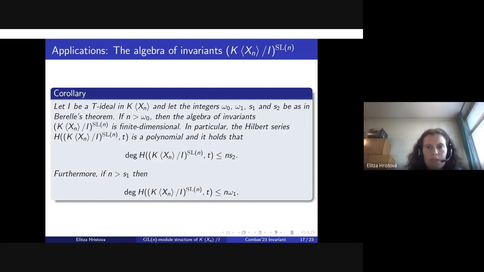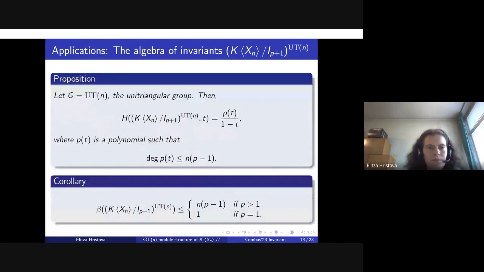Okay, so this was the case of SL_N. Now we can move to the case of UT_N. Here the Hilbert series is no longer a polynomial, it is a rational function, but with a simple form. And we can estimate the degree of the polynomial in the numerator. So this degree is less or equal to n times (p minus 1).